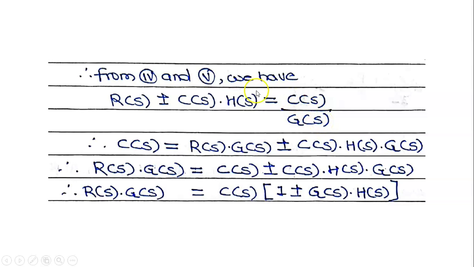By doing cross multiplication, R(s) into G(s) is equal to C(s) plus or minus C(s) H(s) G(s). Now we will take C(s) common. Therefore R(s) G(s) is equal to C(s) into bracket 1 plus or minus G(s) H(s).